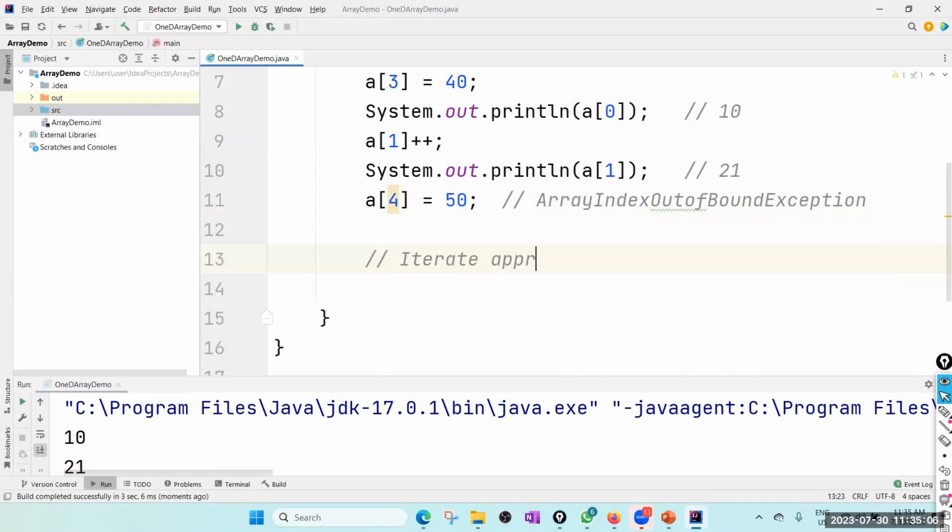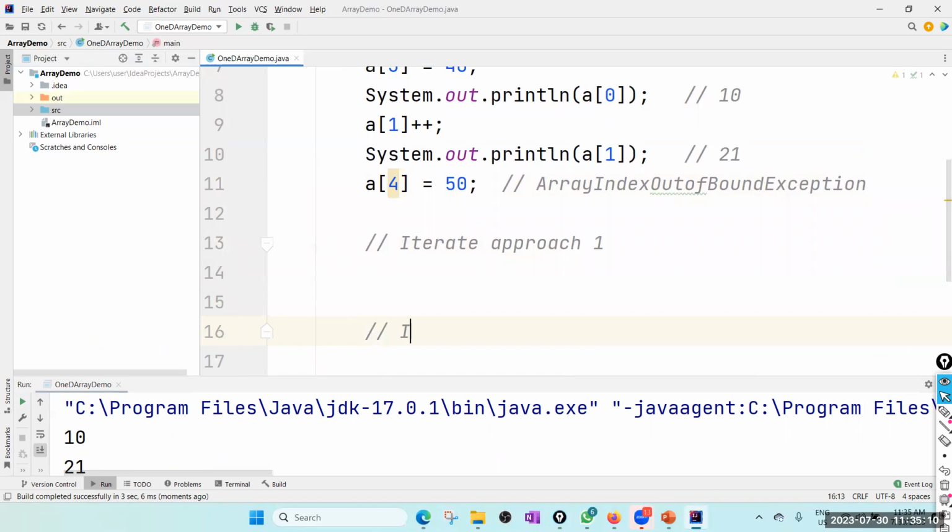Approach 1. There's another approach, right? We did this in semester 1. The first approach is, let's use the normal for loop or while loop. Say index is an integer, say i equals 0.